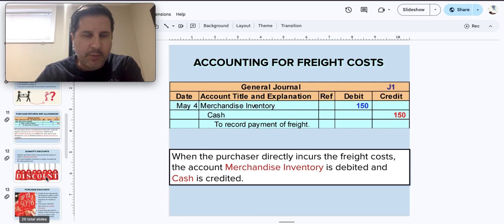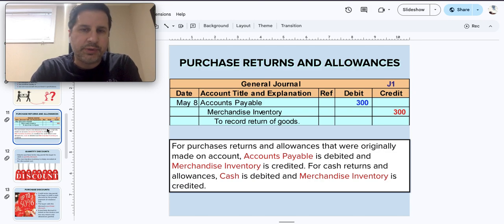And then if there's something defective and we need to return it, what we will do is just reverse the entry of whatever we're returning. So in this case, we don't owe $300 in accounts payable because we have returned those goods back to our supplier.